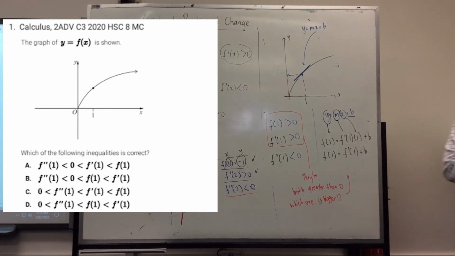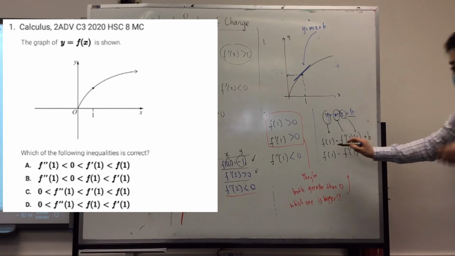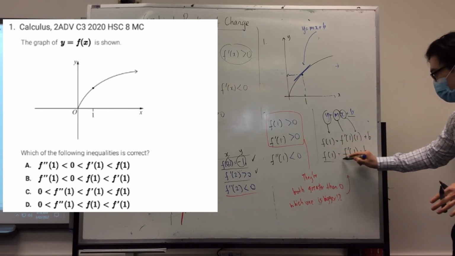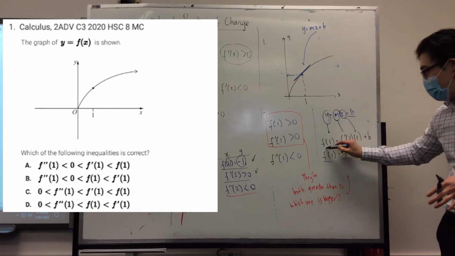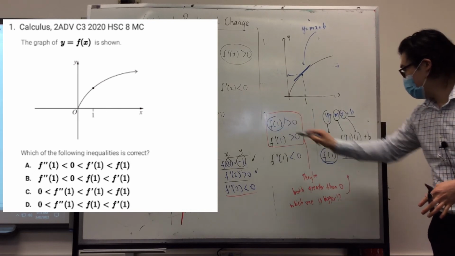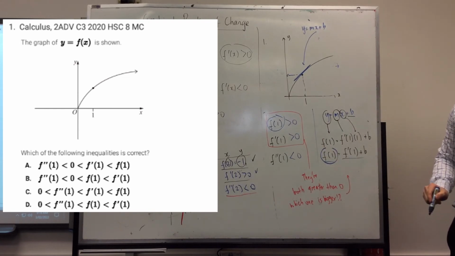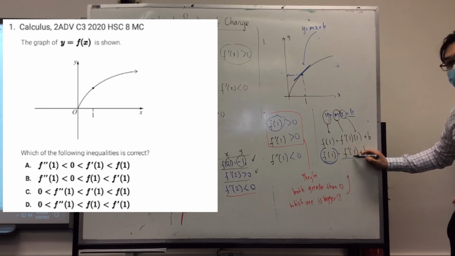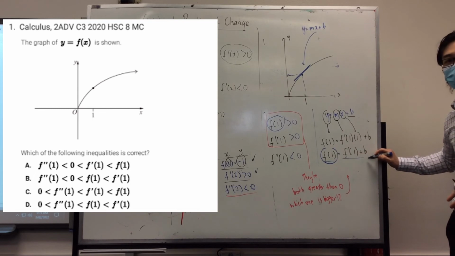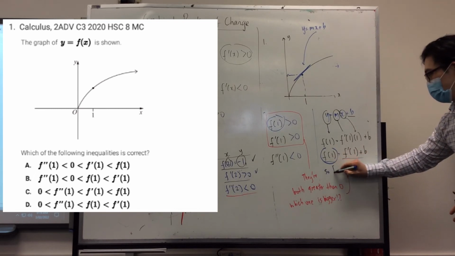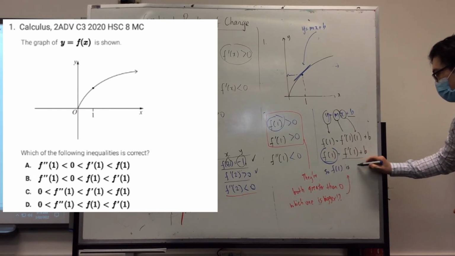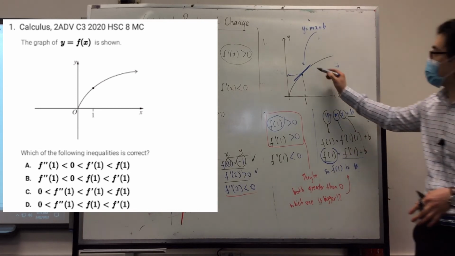So what does this tell you? From here, can you see that this is actually the bigger value than this? Because f of 1 is f dash 1 plus another number. But here's the thing though.